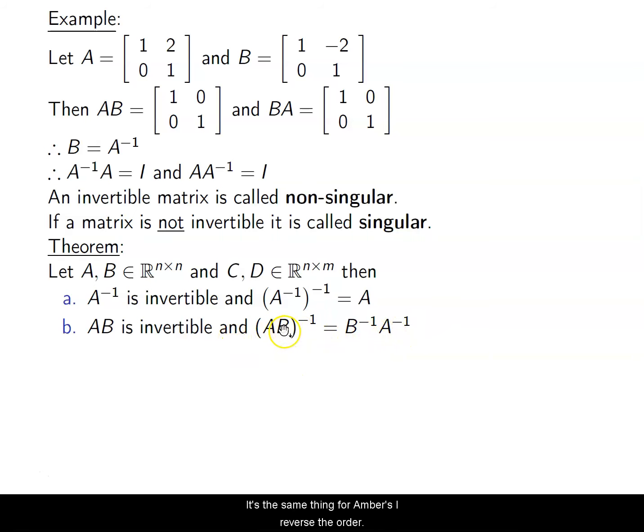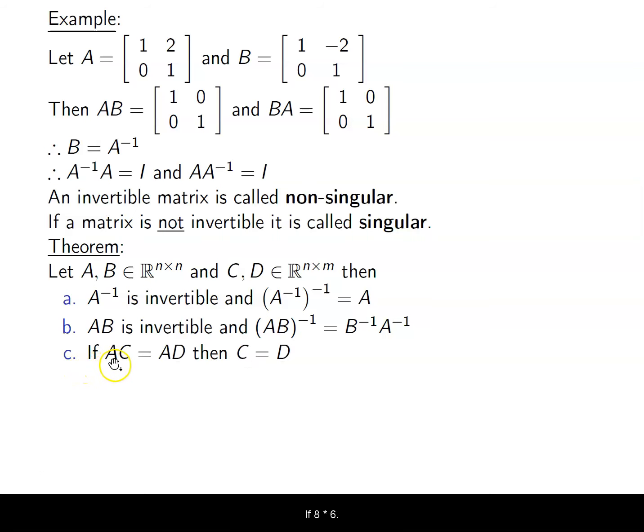It's the same thing for the inverse. I reverse the order and I take the inverse of each. We call this the socks and shoes method. I'll explain that a little bit later when we use this in practice. But basically it's saying you have to take off your shoes before you can take off your socks. So the order gets reversed when you're doing your inverse. We'll talk about that later.